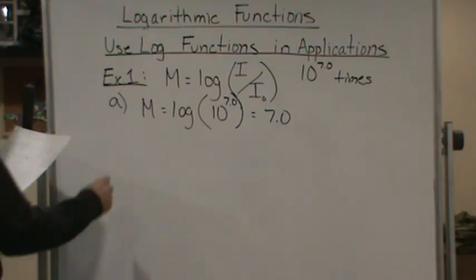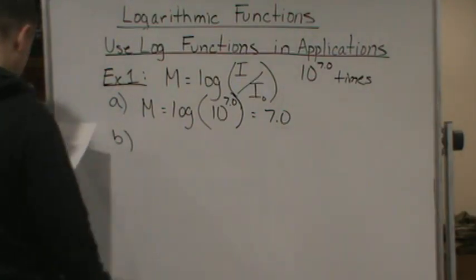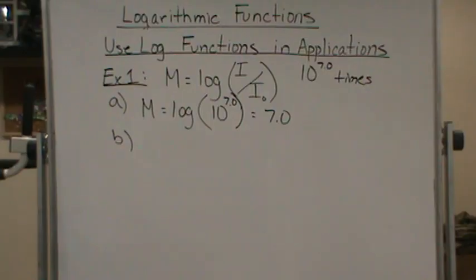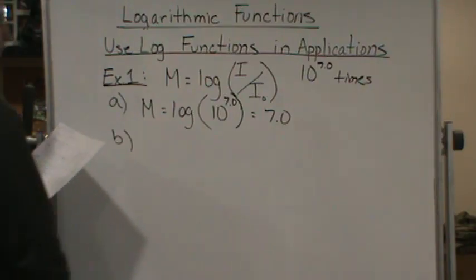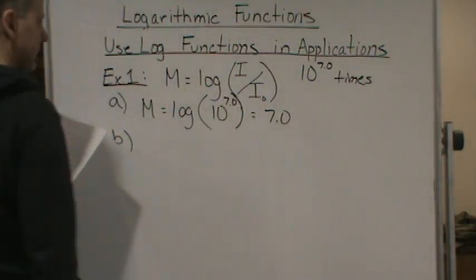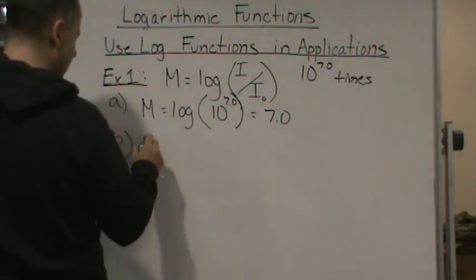Okay, now what about B? B says, determine the magnitude of the earthquake that was near Washington D.C. in 2011. That was 10 to the 5.8 times as intense as the reference. So again, we're going to do the same thing.